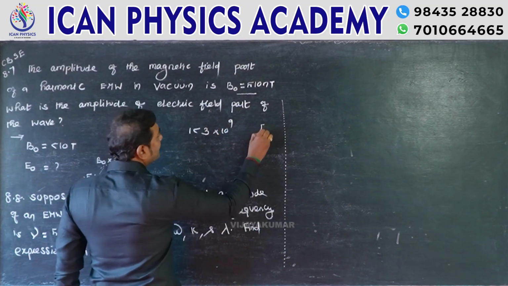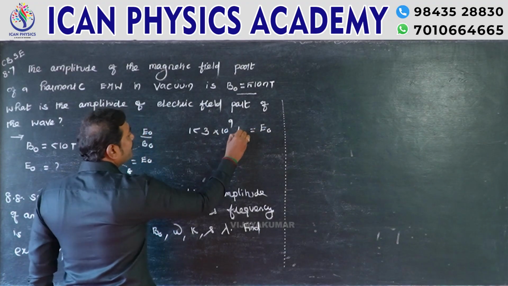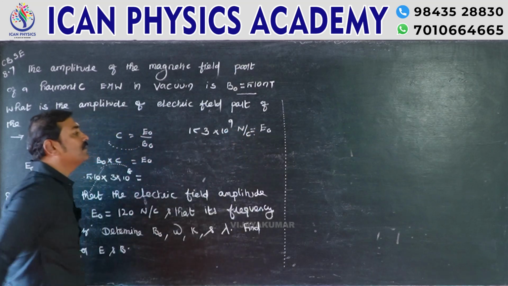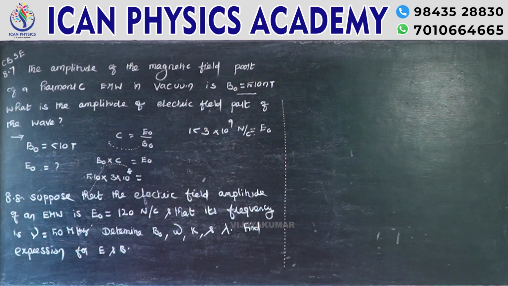That is the electric field. What is the unit of electric field? Newton per coulomb. So this is the amplitude of the electric field of the electromagnetic wave.